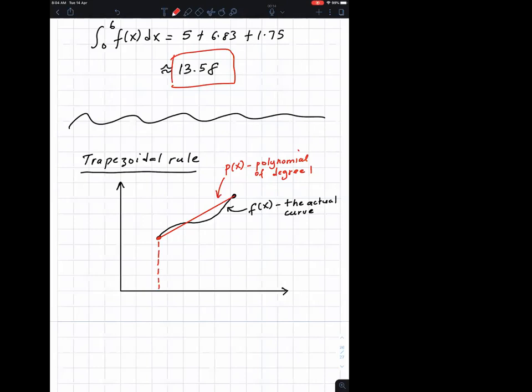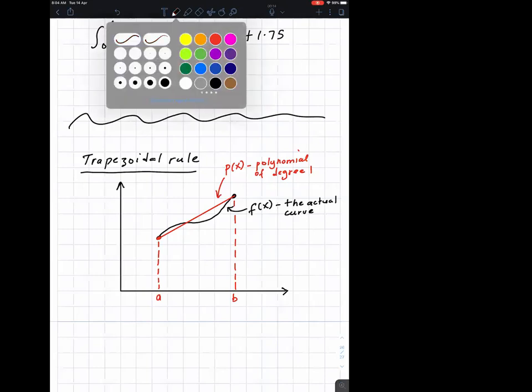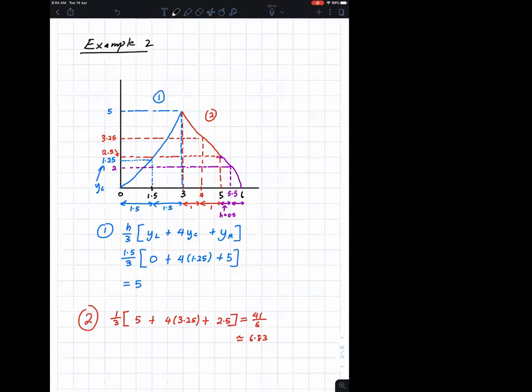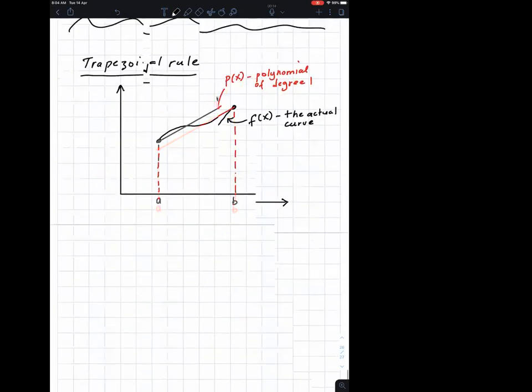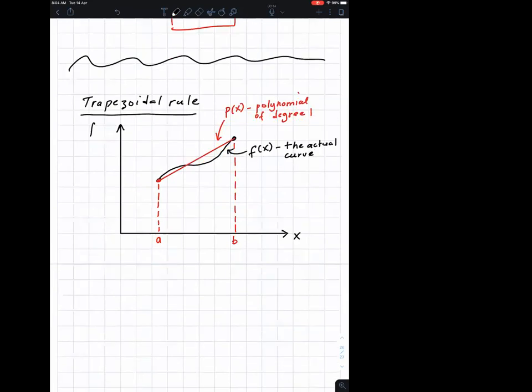Just drop a line from there and call this endpoint A. X value A, then this will be your X value B. So your x-axis, and then you can call this y-axis or f(x) axis.